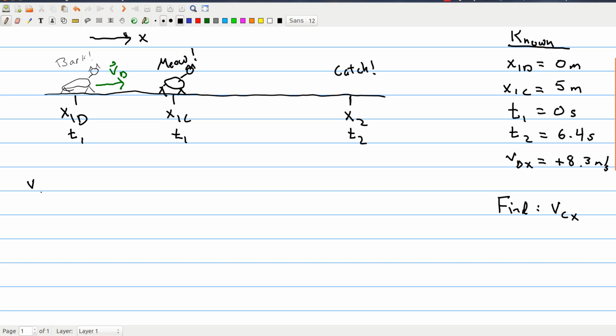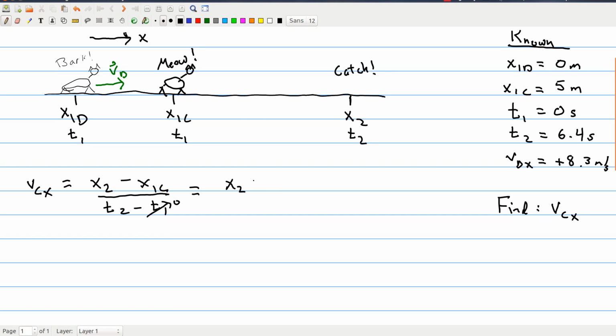So I'm looking for the velocity of the cat in the x direction. Well, the cat ends up at position 2, starts at position 1, and it did that in time t2 minus t1. T1 is equal to 0, so I can cross that out right away, which is nice.